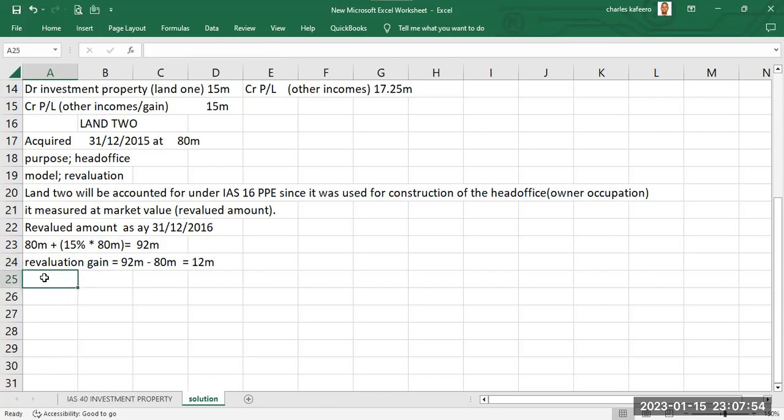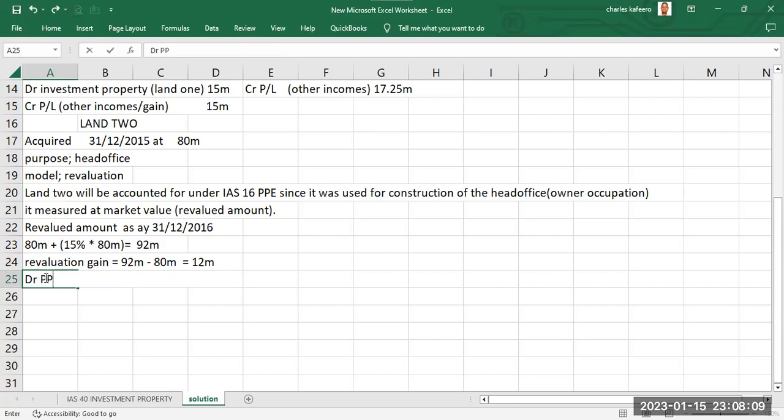And that 12 million, how is it going to be accounted for? It's going to be a debit this time around. It's not an investment property, it is a PPE.